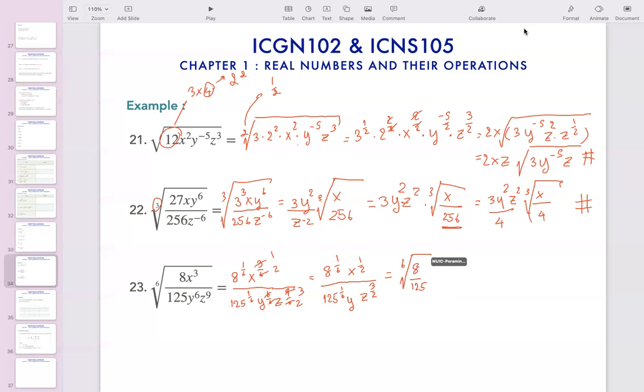Now I have the term 1/y for this term, and then I have the square root of x over z cube.